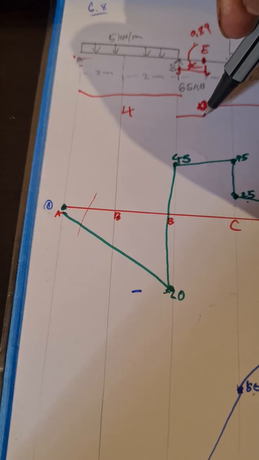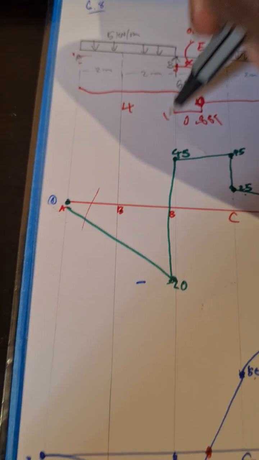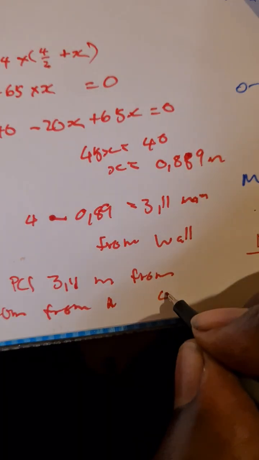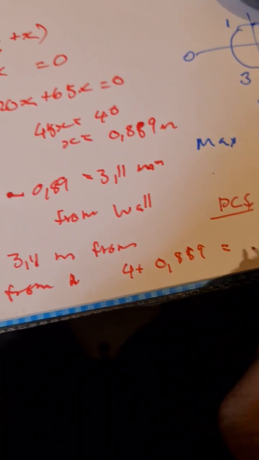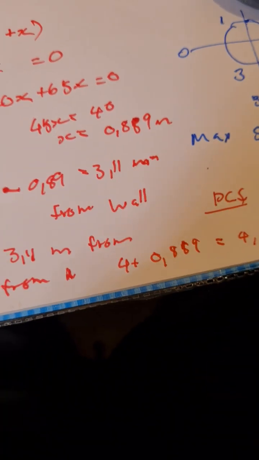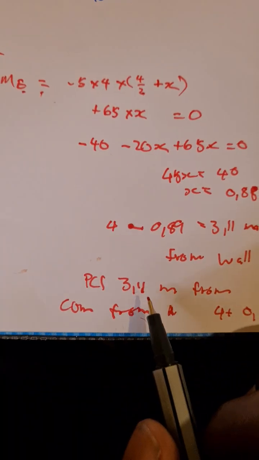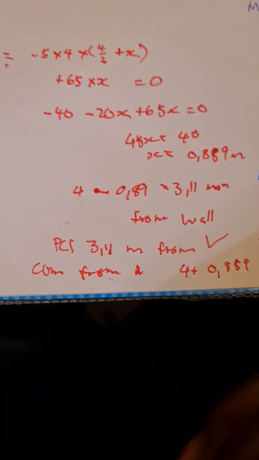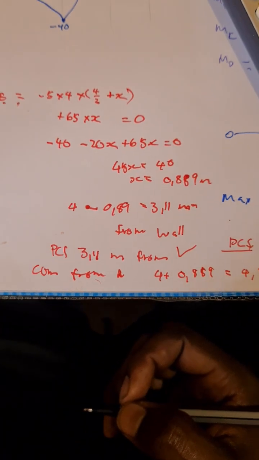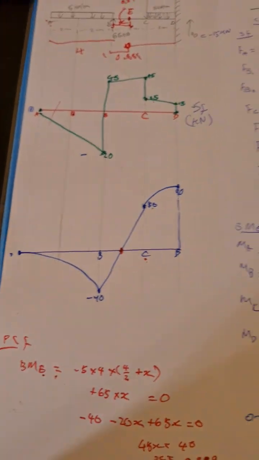Then we know from here to here it's what? 0.889. So from A it's gonna be 4 plus 0.889, which is equal to 4.89 meters from A. So yeah, don't pick from the wall, it's 3.11, which is correct, and then from A, it's correct. If you didn't see it, listen.